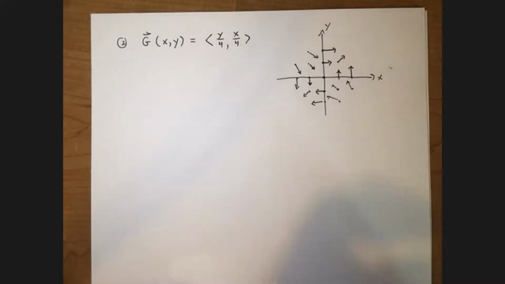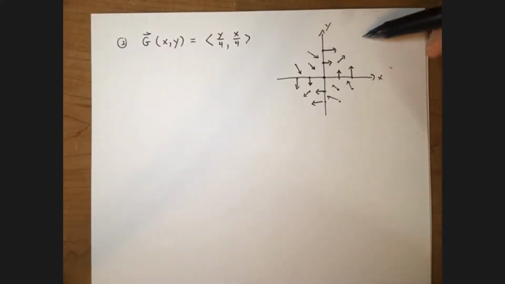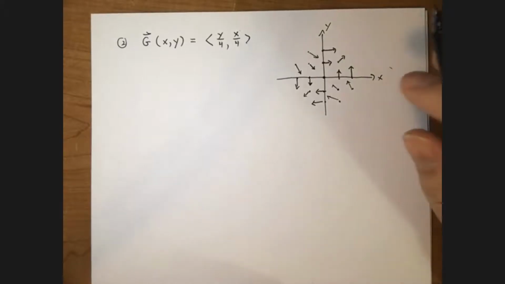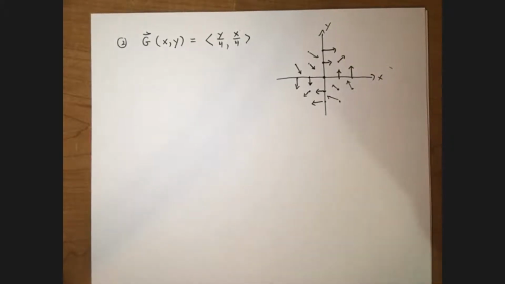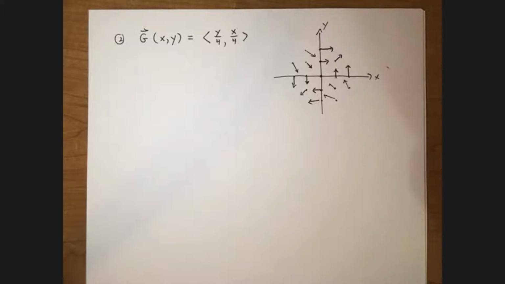Instead of just radially spreading outwards, we're getting some kind of twisting going on here. And there's an interesting way to think about how a vector field behaves, and that is to imagine the vector field is representing fluid flow. That's a major application of vector fields, describing the flow of a fluid.